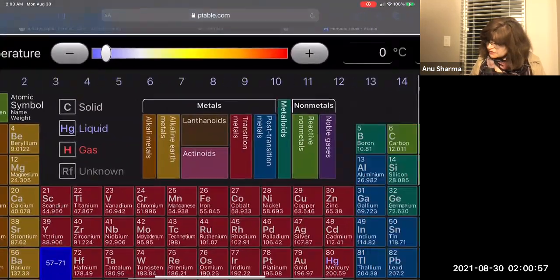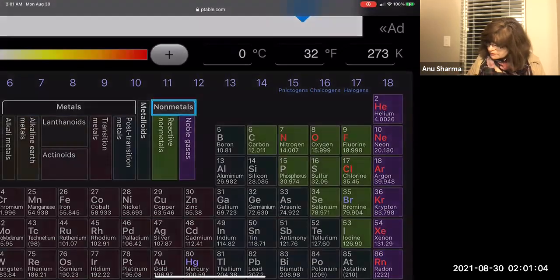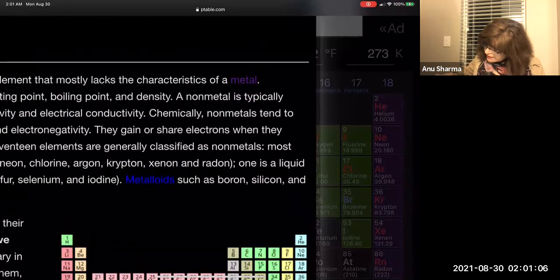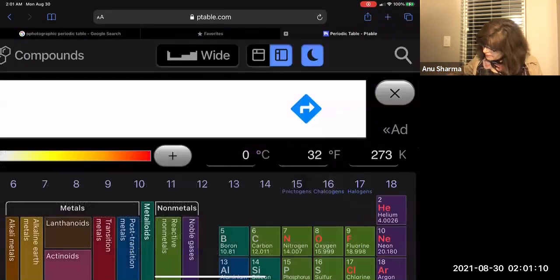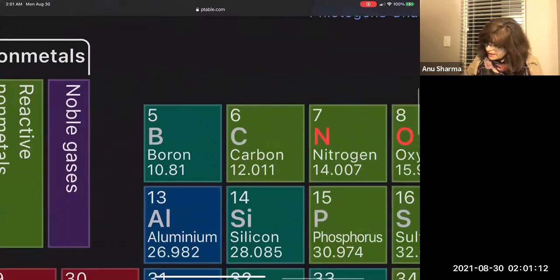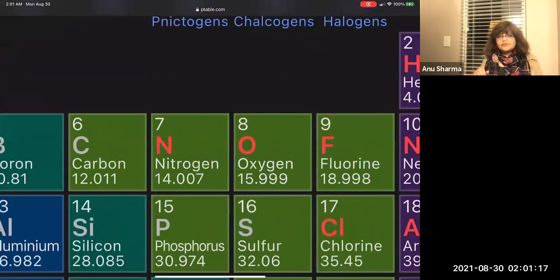Then these guys don't have any specific name: boron, carbon, nitrogen. There's no specific name to these guys.